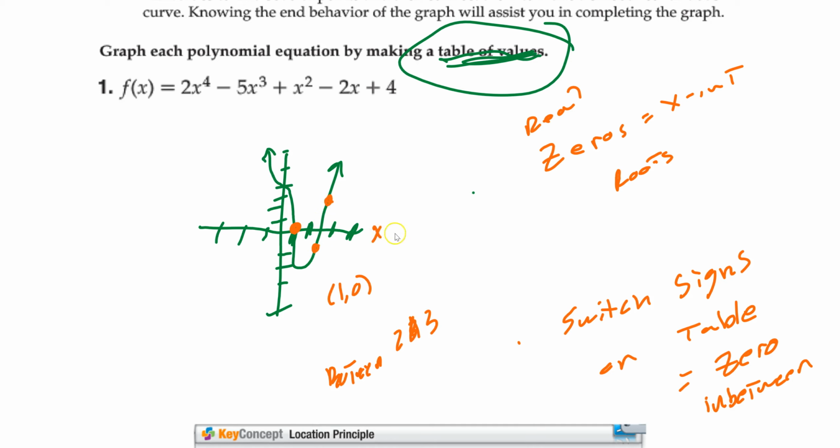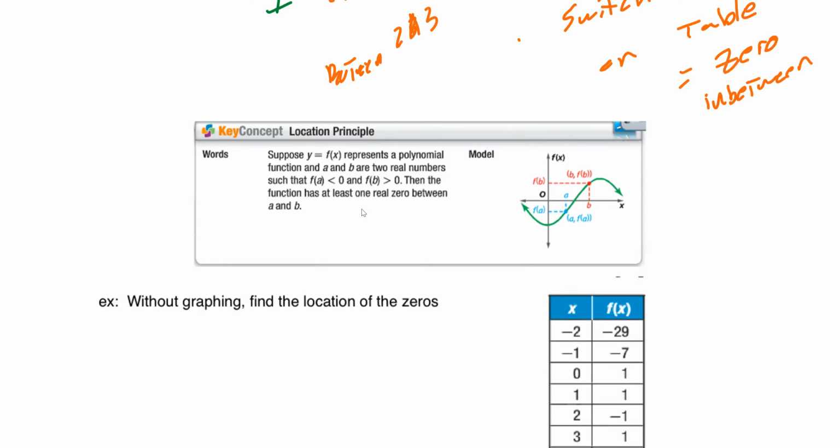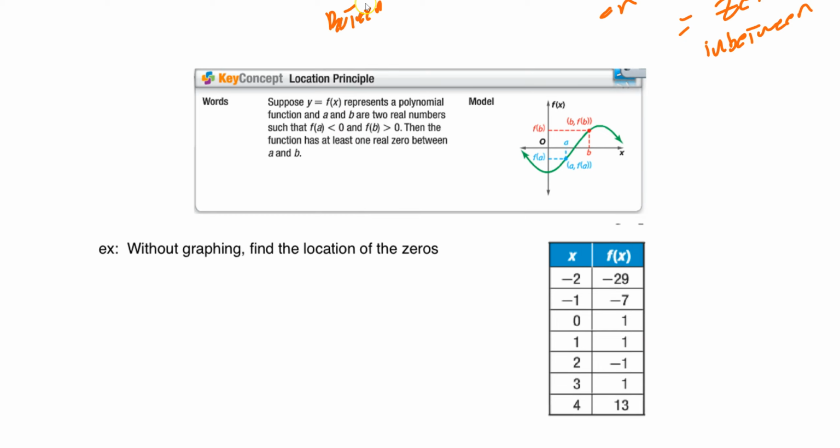So there has to be a 0 there. So that's an easy way to tell where there's a 0. If you don't have the actual value, you just look where there's a switch in the signs. And that's actually called the location principle. Right. So again, if you go from a negative to a positive, you have to cross the x-intercept, the x-axis at one point, and that's your 0.